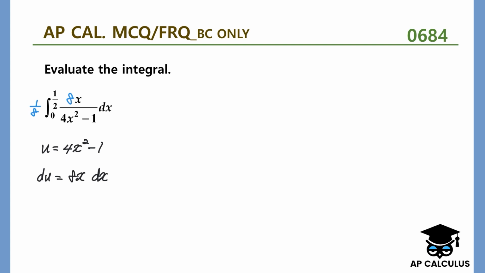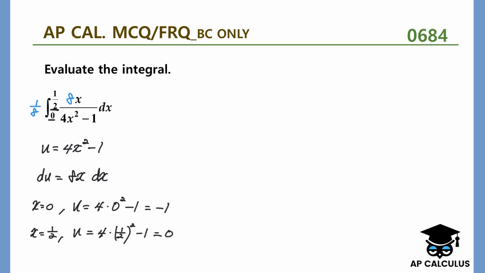When x is equal to 0, the lower limit, u is equal to 4 times 0 squared minus 1, which is negative 1. When x is equal to 1/2, the upper limit, u is equal to 4 times 1/2 squared minus 1, so that's 1 minus 1, which is equal to 0.